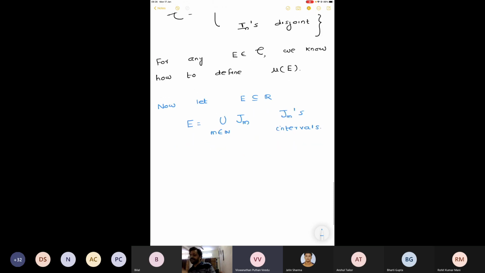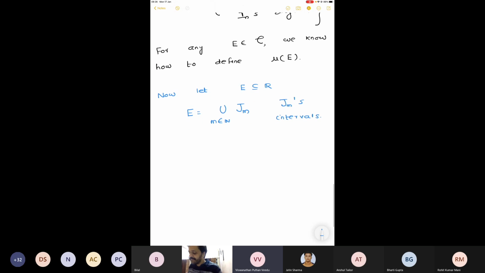Jm's intervals. I don't know whether it is disjoint or not. As I told you, this E can be written as a union of disjoint intervals. E can be rewritten as E is equal to the union of In, n belonging to N, where the In's are intervals and the In's are disjoint.